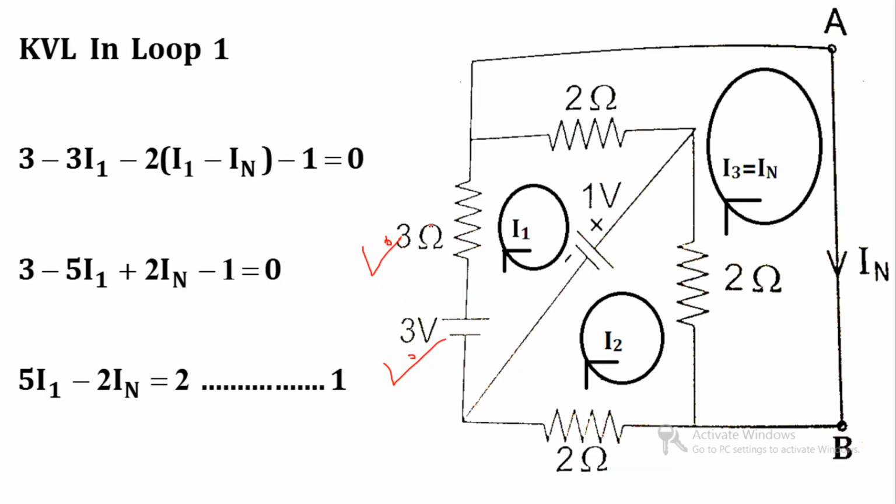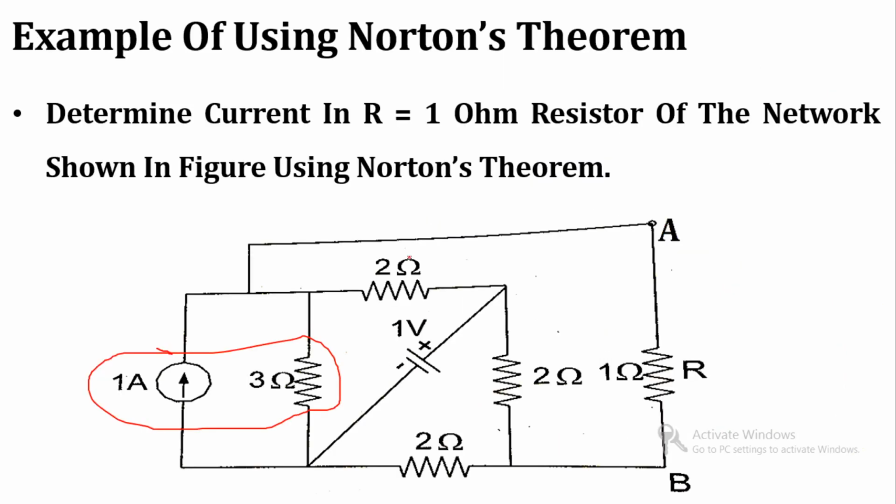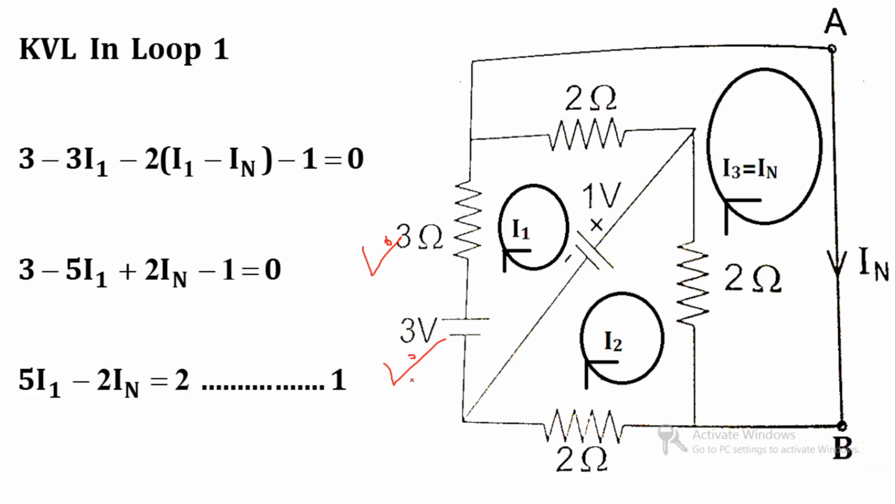This series resistance has the same value as the parallel resistance, and the value of this voltage source is equal to the current source multiplied by the resistance, that is 1 into 3, equal to 3 volt. This is the value of the voltage source.